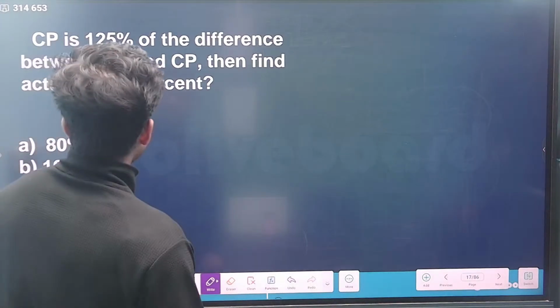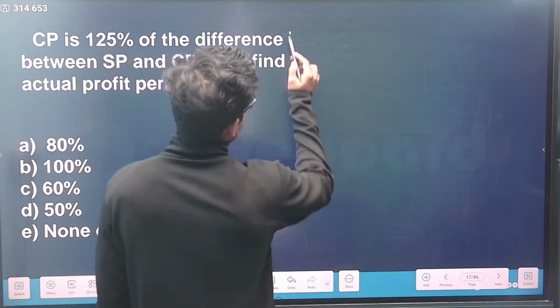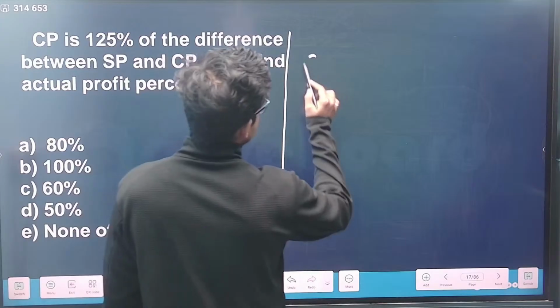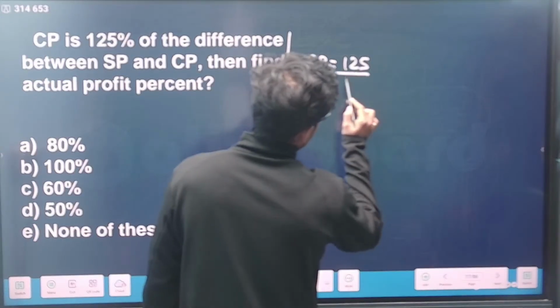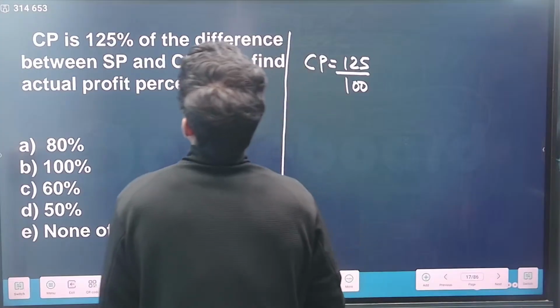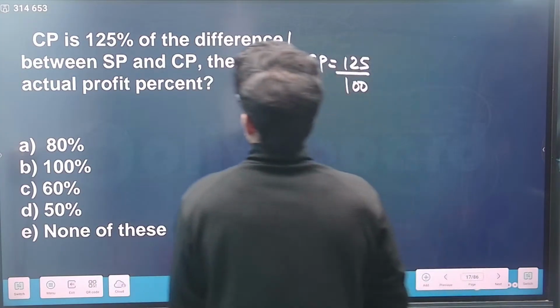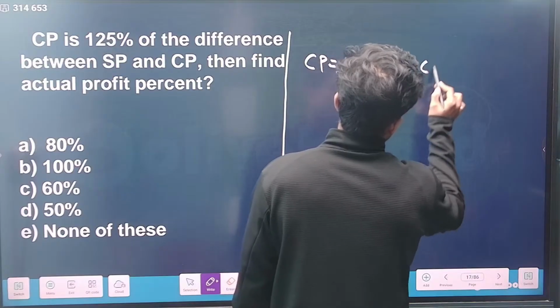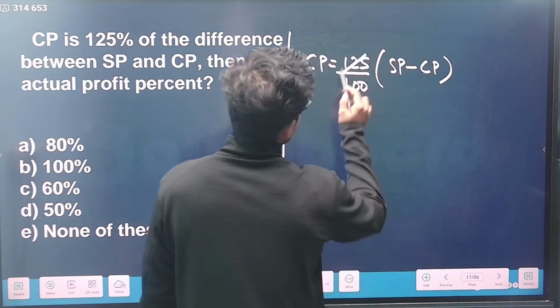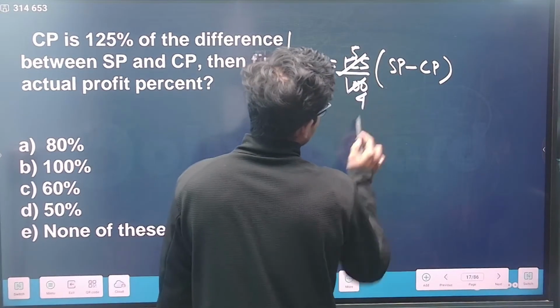Now, if CP is 125%, so I would write the point which is mentioned over here, that cost price is basically 125% means 125 by 100 of the difference between selling price and cost price. So this is the difference between selling price and cost price, correct? Now I know this goes by 5 times and this goes by 4 times, correct?